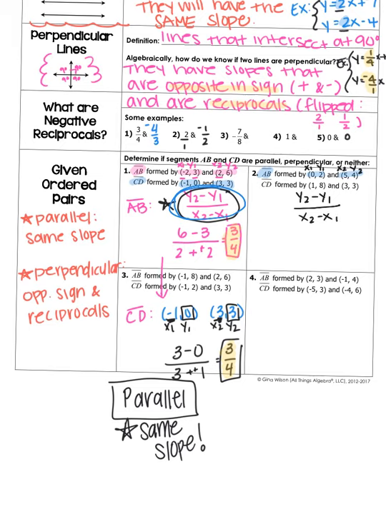All right, so my y2 is 4, so this is for AB. So y2 is 4, y1 we labeled as 2, x2 we said was the 5, and x1 was the 0. 4 minus 2 is 2, and 5 minus 0 is 5. So AB has a slope of 2/5. Rise of 2 and right 5.